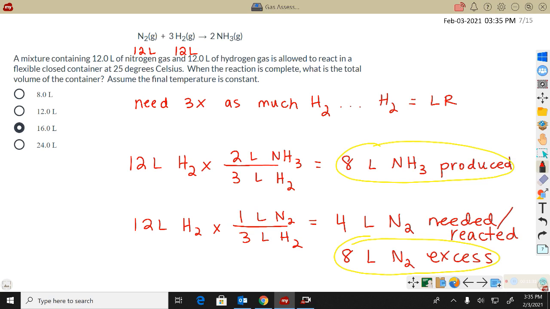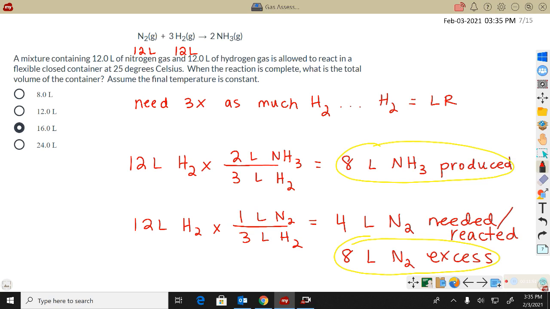So I have a constant temperature and a constant pressure, and so I can use those 12-liter volumes as a ratio of particles. The volume must be dependent on the number of particles, which then lets me use the ratios from the balanced equation.